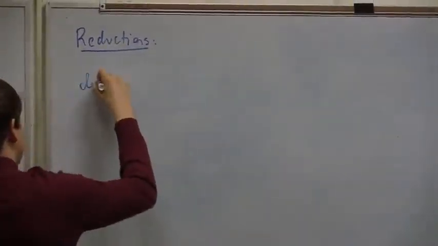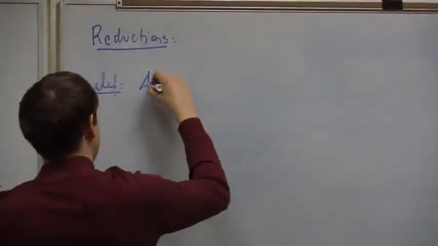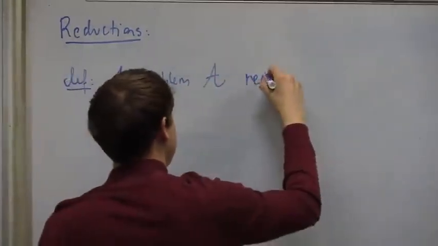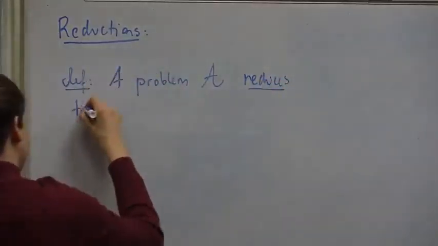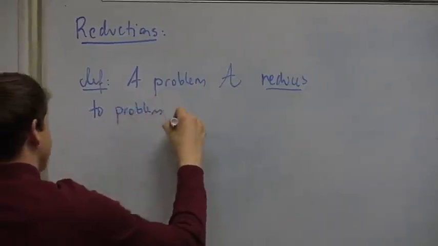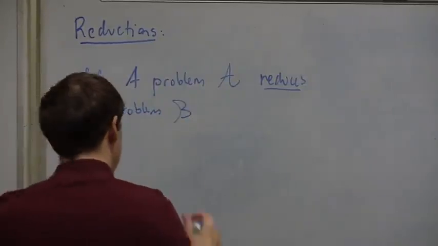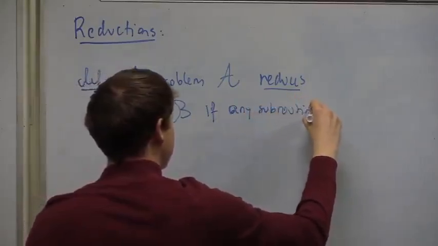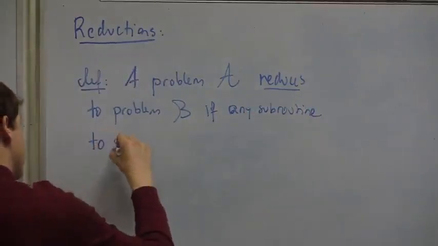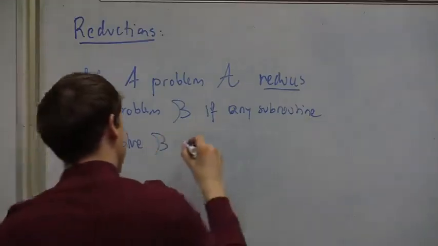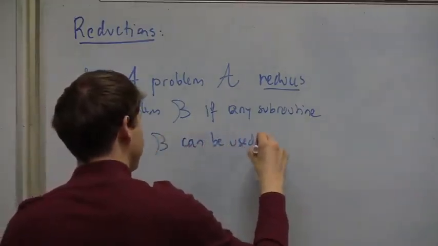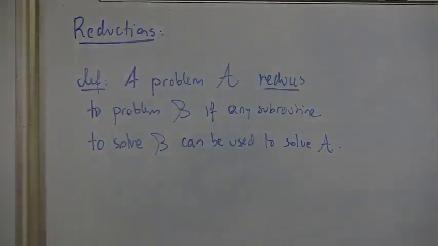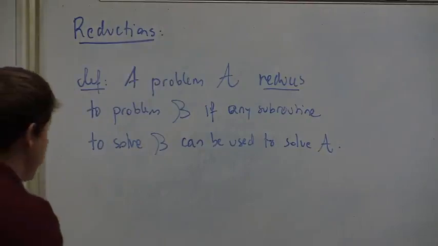So the first definition is that we're going to say that a problem A reduces to a problem B if any subroutine to solve B can be used to solve A. Well, this definition is not entirely precise at this point. Let me make it more precise.